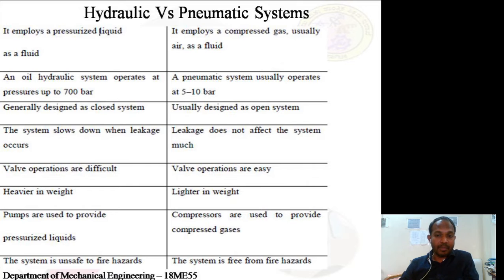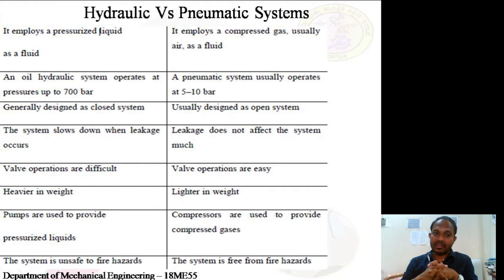That is one of the major drawbacks of hydraulic systems, or else they would have replaced almost all other systems. The oil leakage problem is more in hydraulic systems, whereas in pneumatic systems leakages are very much less, or almost negligible.